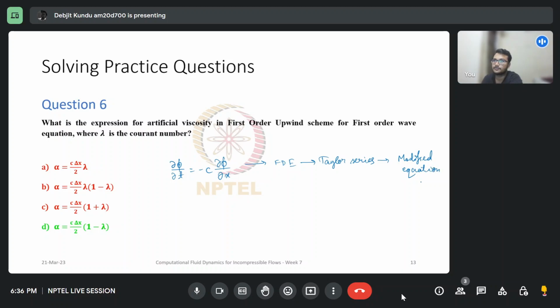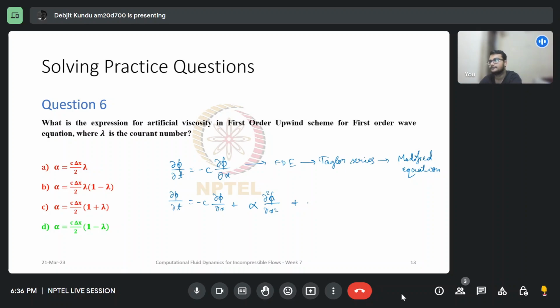Now, how does this modified equation look? Here we again have the terms from the original equation, and then we have a second order spatial derivative of phi, plus there are some other terms also.